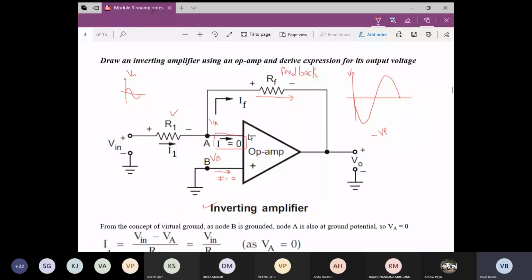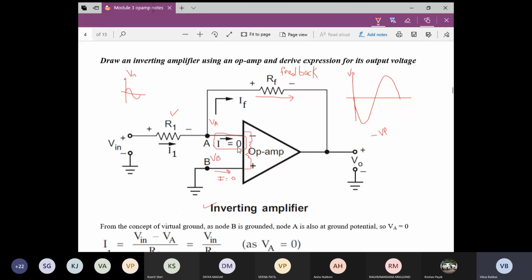If resistance is very large, what will happen to the flow of current? It will be minimized, very small, and very small can be considered as 0. So that is the reason no current will enter the op-amp, due to its very large input resistance, and that is the reason I have written I is equal to 0.